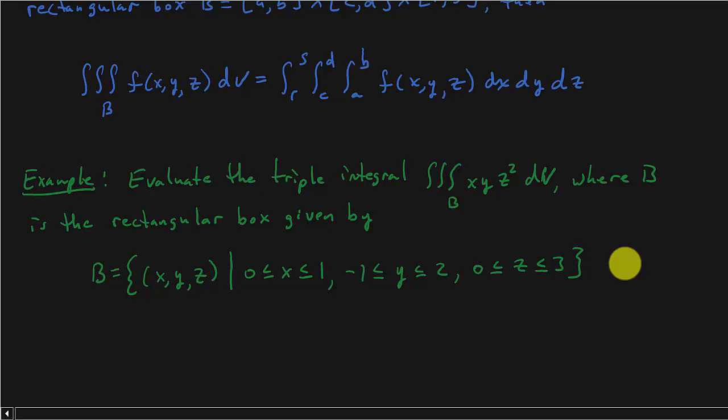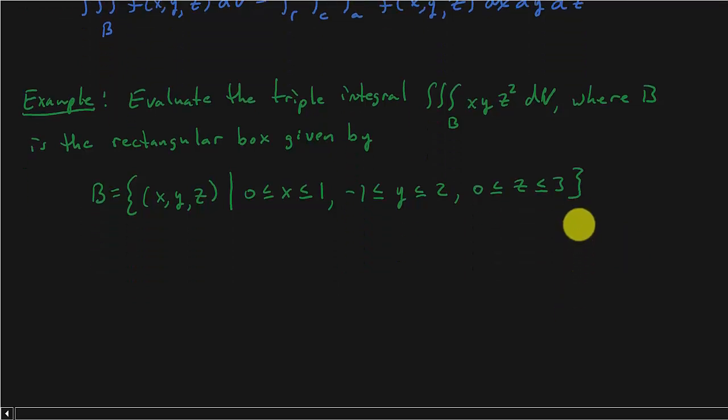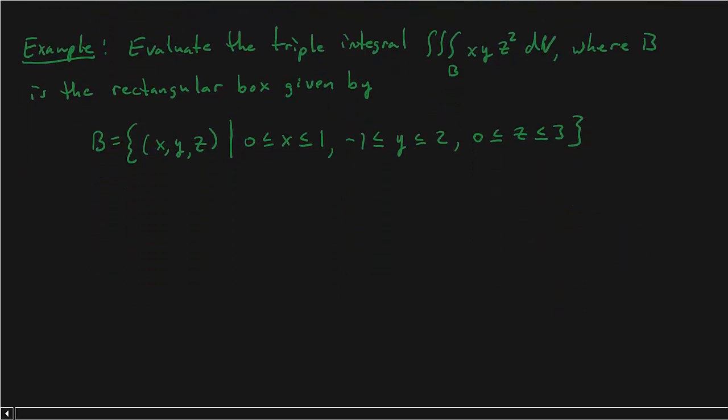It's just that we have to set up another integral. We're going to have three instead of two, and hopefully by the end of this video you will understand how to set these things up, because that's probably the most difficult part to do.